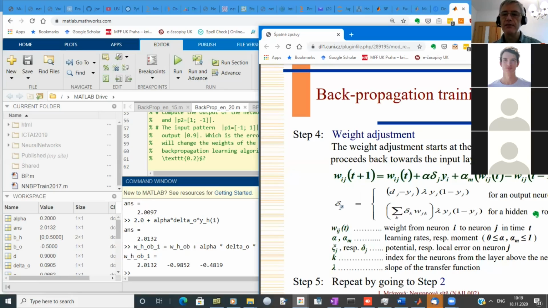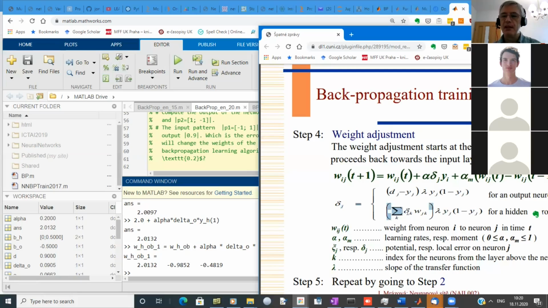Similarly here, for computing delta J, the delta term on the hidden layer, we also need weights which lead from the neuron indexed by J to some neuron indexed by K. Of course, K is indexed in the next layer. In our case, this will be in the output layer.